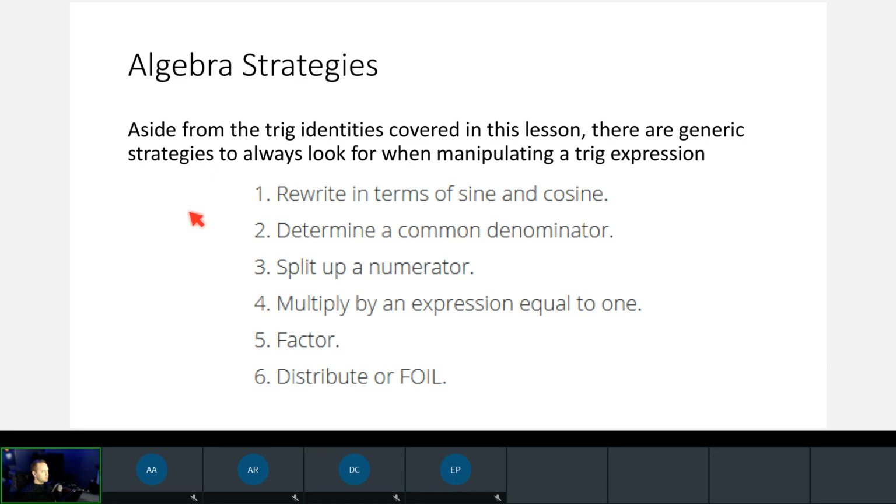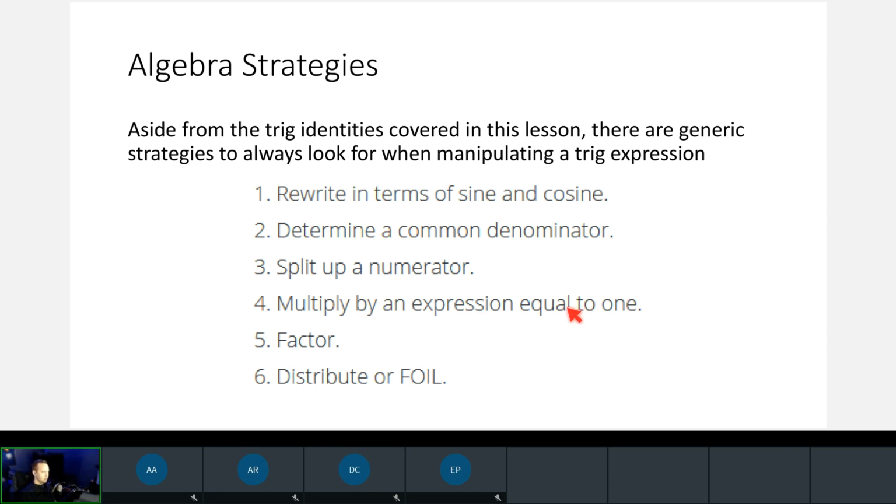All right, some strategies that we can do. Rewriting is a big one. Rewriting in terms of sine and cosine. Determine common denominators, another good one. Splitting out the numerator. We did that on that one problem. Multiplying by an expression equal to 1.